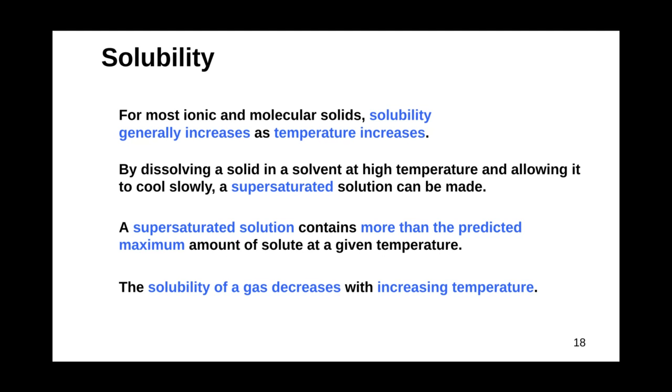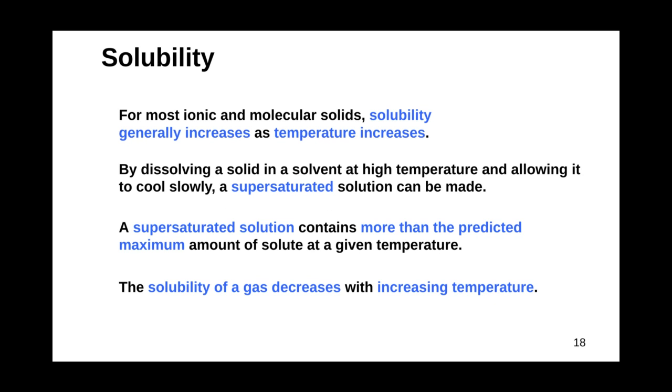That's conceptually what's going on in terms of atoms and all that fun junk. Now, as I've mentioned this term, by dissolving a solid in a solvent at a very high temperature and allowing it to cool very slowly, we can create what's called a supersaturated solution. A supersaturated solution, as I've already mentioned, contains more than the predicted maximum amount of a given solute at a given temperature.